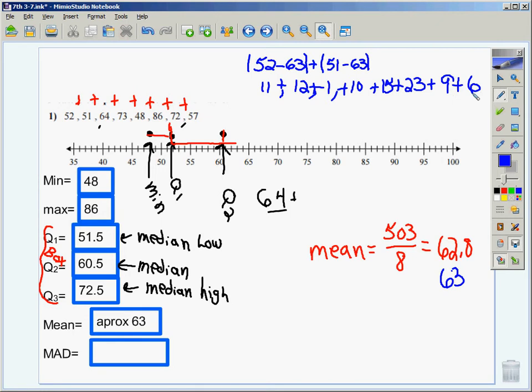That is the distance that each one of these data points is away from 63. We add those all together and we divide it by 8. The MAD came up to 10.8 or approximately 11.